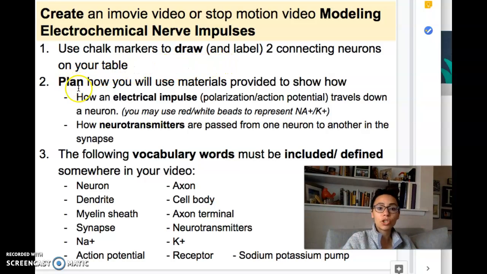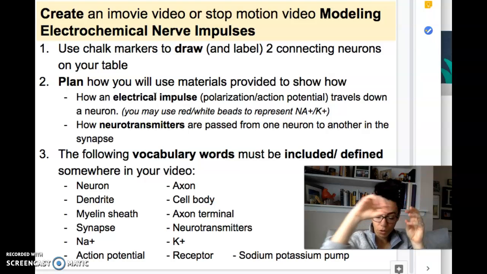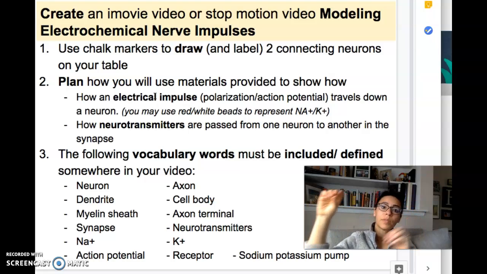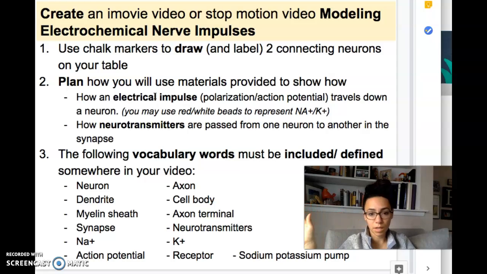And then I want you to show how the electrical impulse travels. I want you to show the sodiums entering the cell, the potassiums leaving the cell, maybe some kind of electrical symbol like a little lightning bolt to show that it's traveling down the axon. And then once it gets to the end, the axon terminal, you're going to show the neurotransmitters being released to the synapse and to the next neuron.